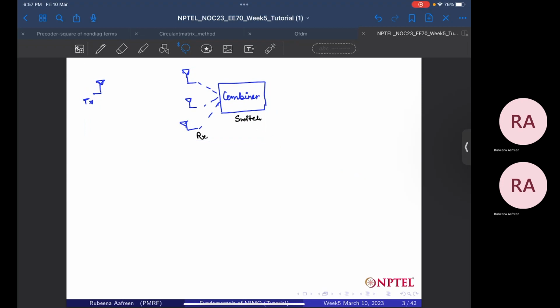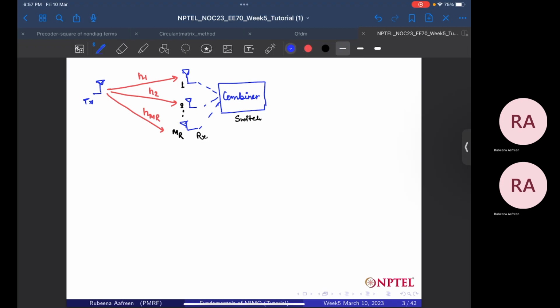So now we have a total of MR receivers. Each receiver will have one channel, right? H1, H2 up till HMR.